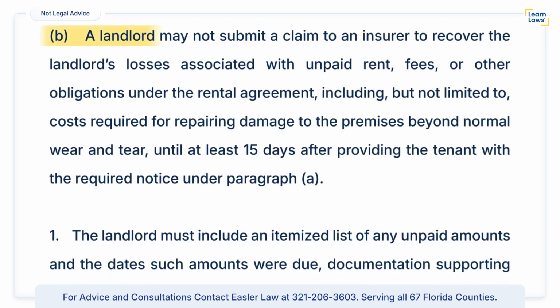B. A landlord may not submit a claim to an insurer to recover the landlord's losses associated with unpaid rent, fees, or other obligations under the rental agreement, including, but not limited to, costs required for repairing damage to the premises beyond normal wear and tear, until at least 15 days after providing the tenant with the required notice under paragraph A. 1.